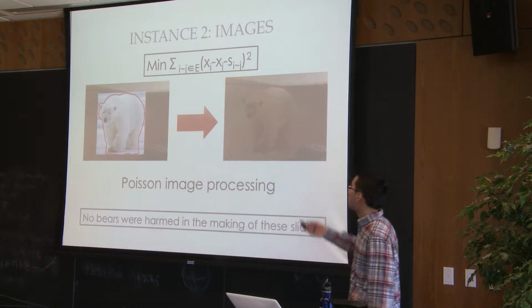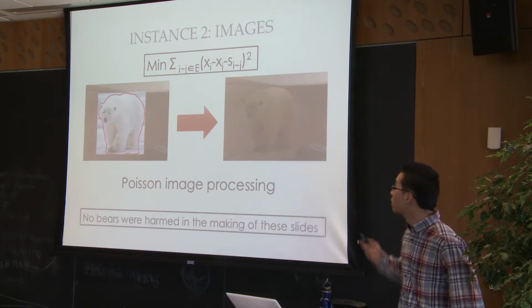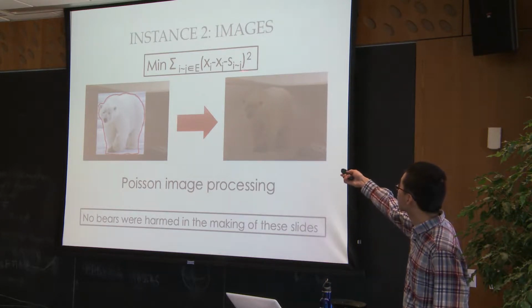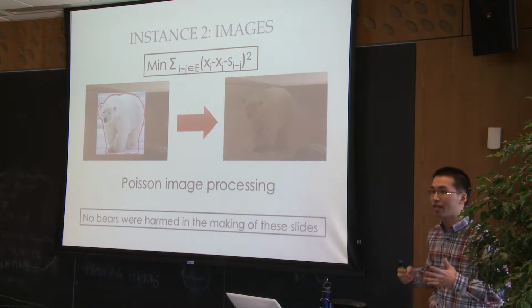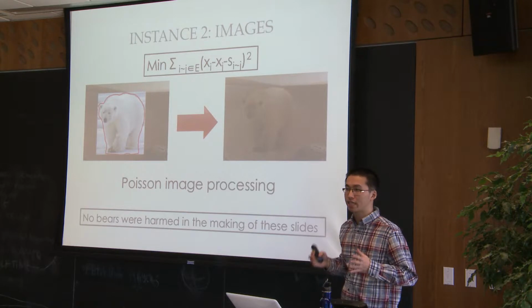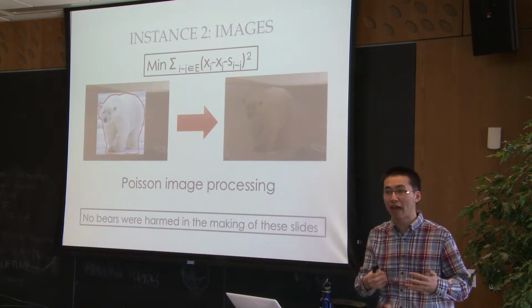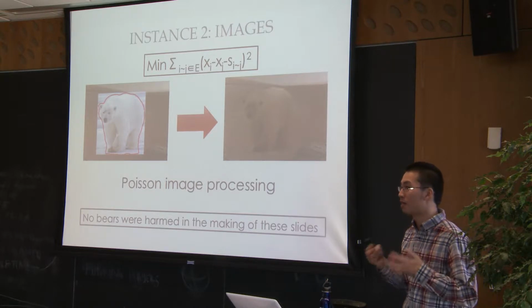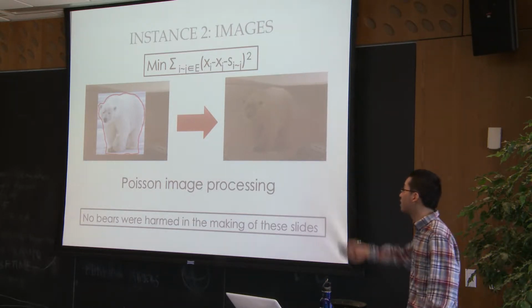Here's an example of a framework known as Poisson image processing, where you have a gradient between the pixels. You set up pixels as entries, and you have some kind of gradient on this image. You want to find values such that your new discrete gradient is as close to the actual gradient as possible. So you're trying to minimize the L2 distance between your target gradient and a gradient you can get.